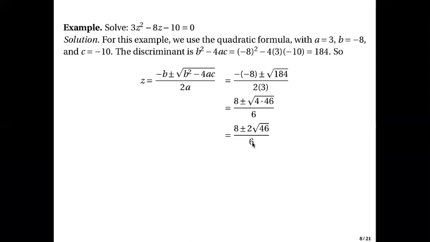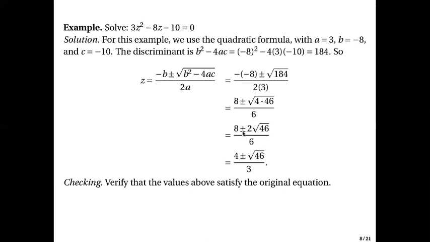So that we will be able to simplify this as 4 plus or minus square root of 46 all over 3. So the plus part and the minus part represent the two solutions of this equation. Okay. Question?